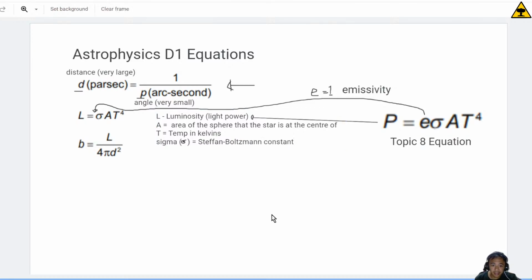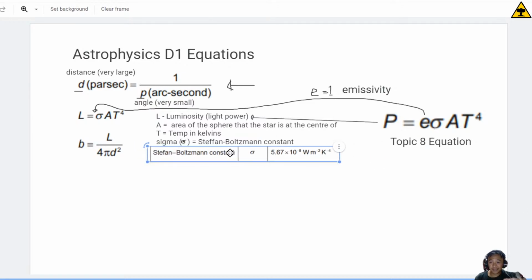In the data booklet, this has a value, so I'll just copy that value straight from the data booklet here. Where is it? Sigma. Okay, this is the value in the data booklet for the Stefan-Boltzmann constant. All right, that's all it means.